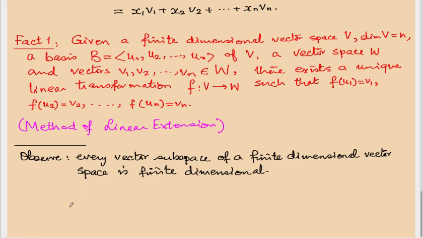So what is it that I want to say now is, if I have a linear transformation, so suppose V is a finite dimensional vector space, and dimension of V is n, and f is a linear transformation.